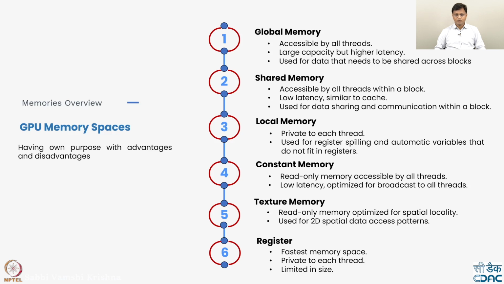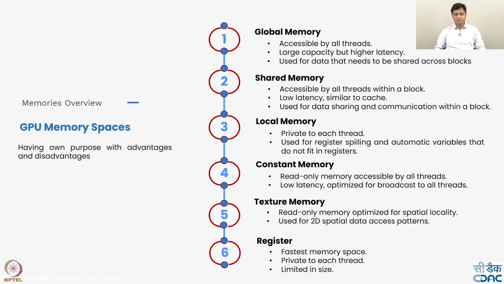Next is the constant memory. It is a read only memory and it is accessible by all the threads. It is very useful whenever we declare any variable with some constant. Constant values which are required by all the threads will be declared in the constant memory.